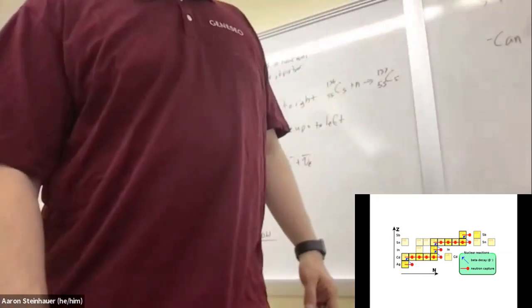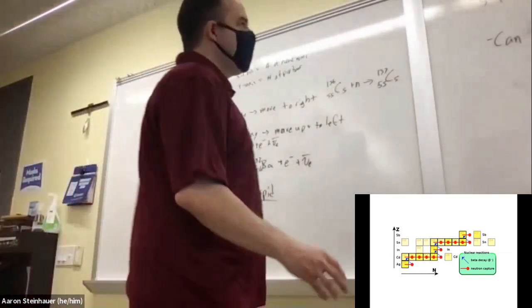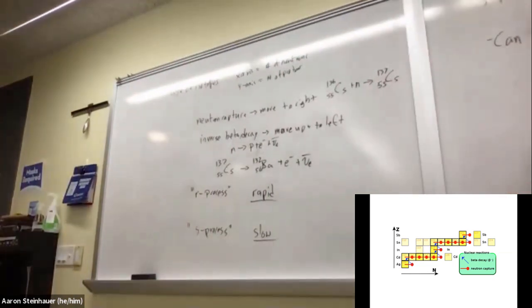What's the s-process? The s-process is still neutron capture. But it's neutron capture and then beta decay that happens on timescales of years to tens of years, as opposed to millisecond or nanosecond times. So the s-process is one neutron capture and then a beta decay, whereas the r-process is multiple neutron captures.